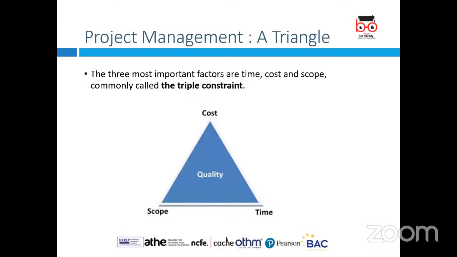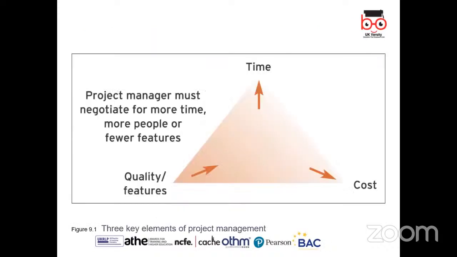There are three main constraints which have to be taken into consideration when planning a project, which are cost, scope, and time. These three must work efficiently and in a balanced way, where we don't neglect any of them. Otherwise, we will not obtain effective results.